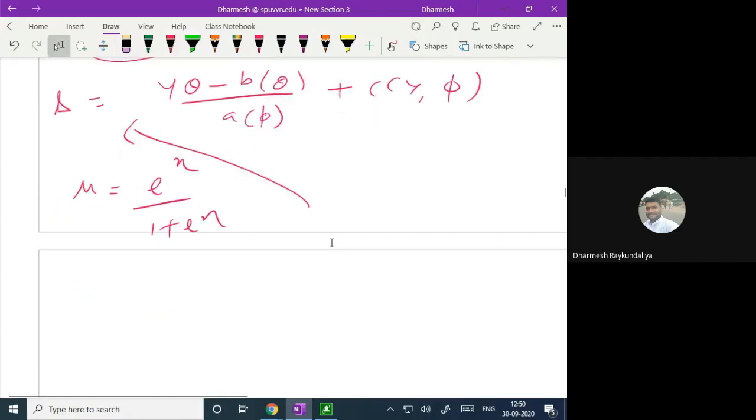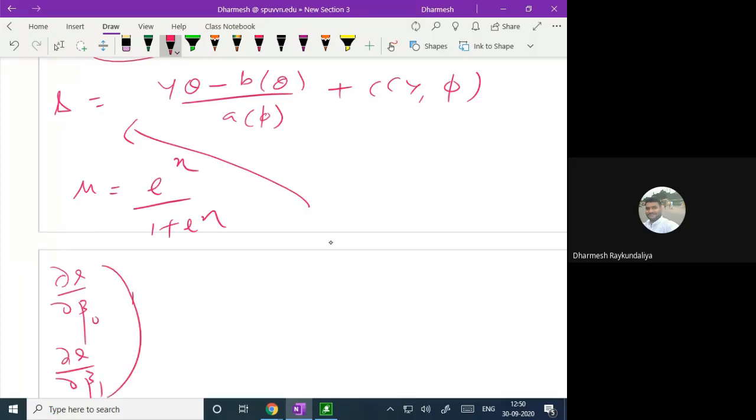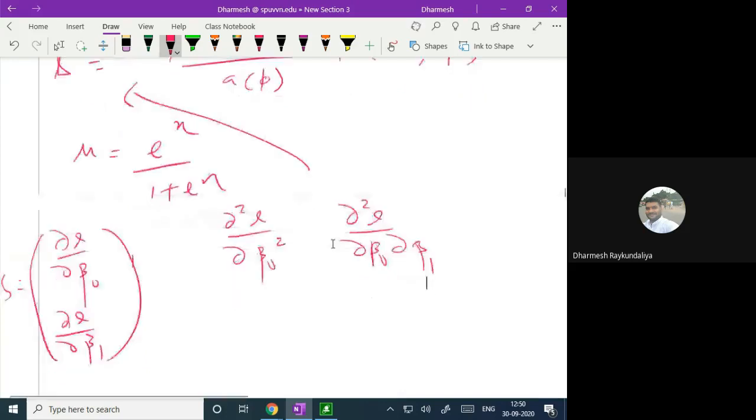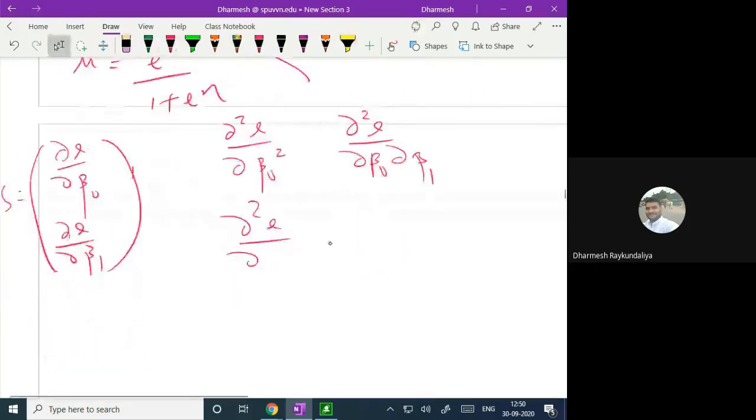And since eta contains beta 0 and beta 1, we take del L by del beta 0 and del L by del beta 1. We call these the score function. Then we take the second derivatives: del square L by del beta 0 square, del square L by del beta 0 del beta 1, del square L by del beta 1 del beta 0, and del square L by del beta 1 square.